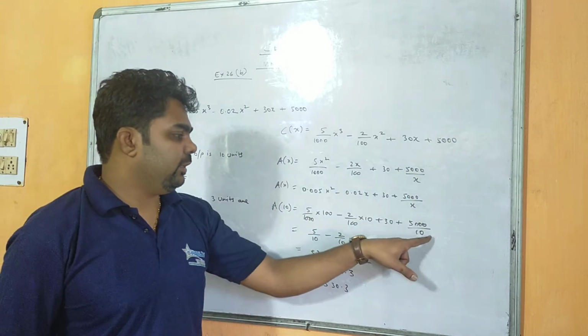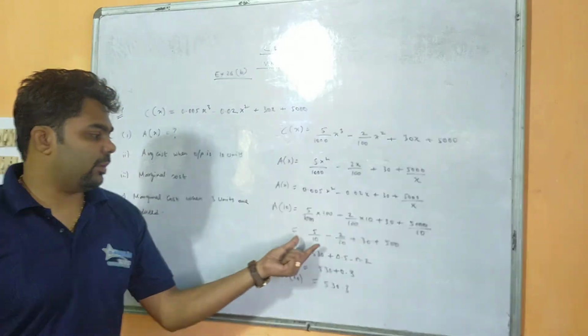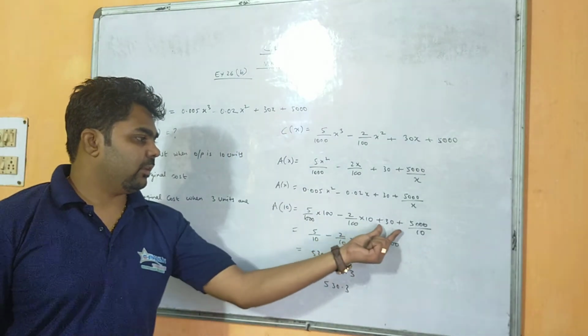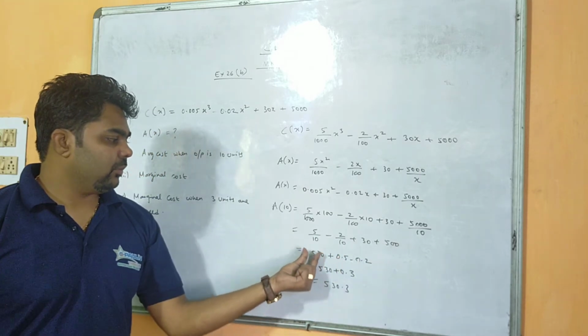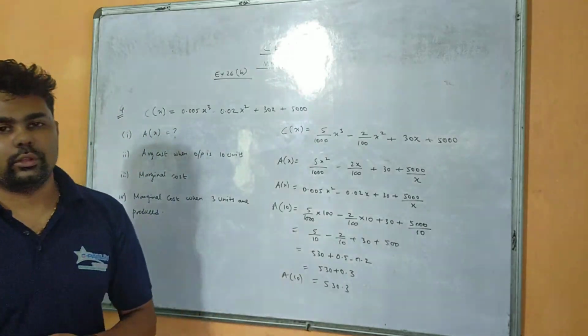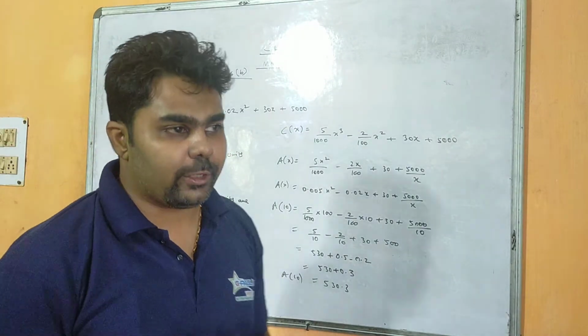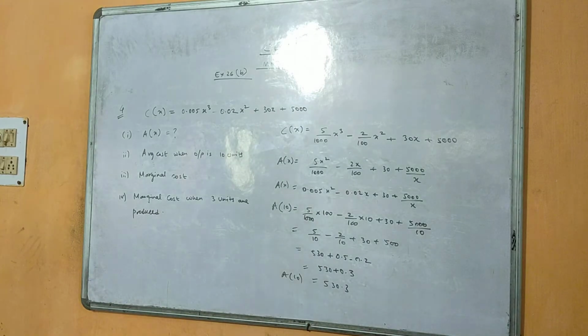Now 5000 by 10. Now if you cancel here, 2 zeros and 2 zeros will get cancelled, we will get 5 by 10 minus 2 by 10 plus 30 plus 500, that is 530. 0.5 minus 0.2 will get 0.3. So if you add together, we will get 530.3, right? So this was our average cost when output is 10 units.